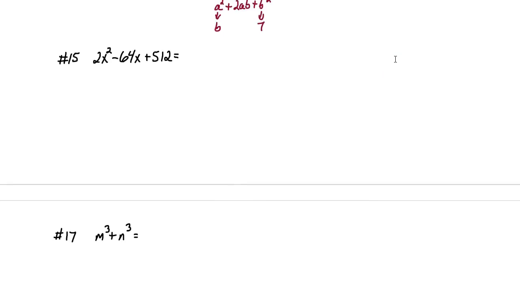Number 15, all the terms divide by 2. That will leave x squared minus 32x plus 256. This trinomial might be a perfect square trinomial. Let's see if it really fits this pattern.